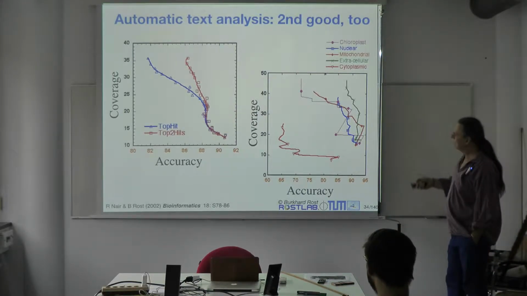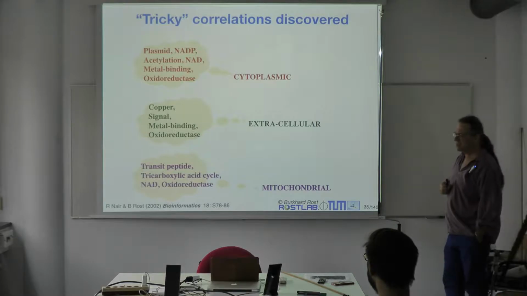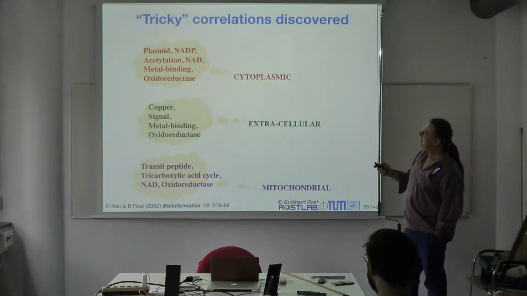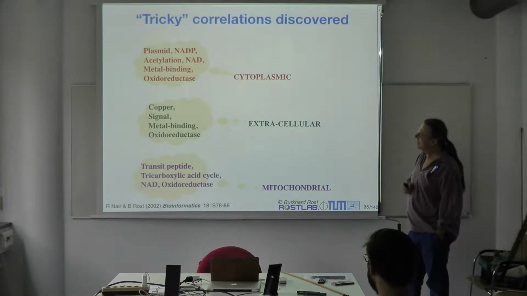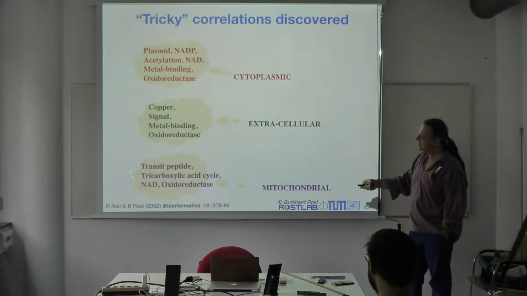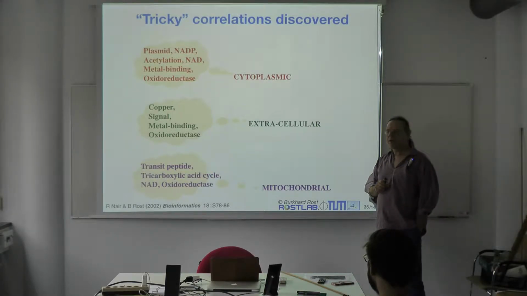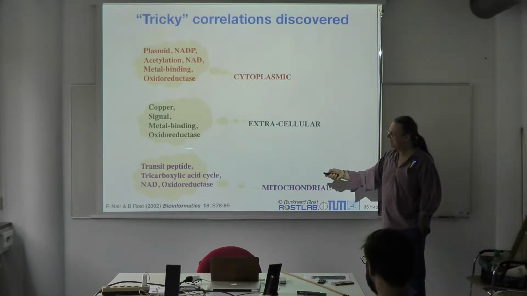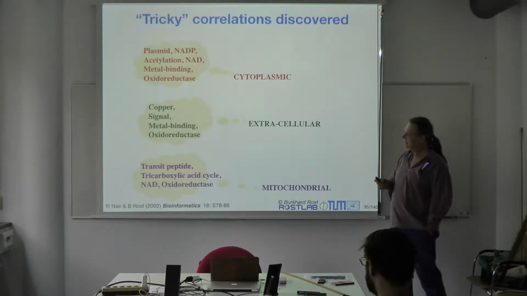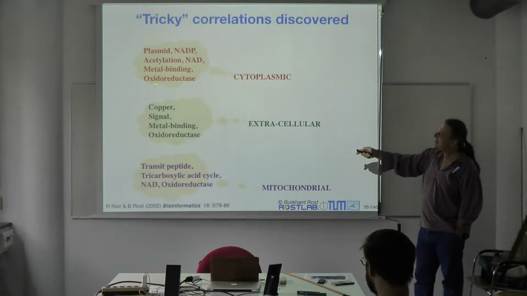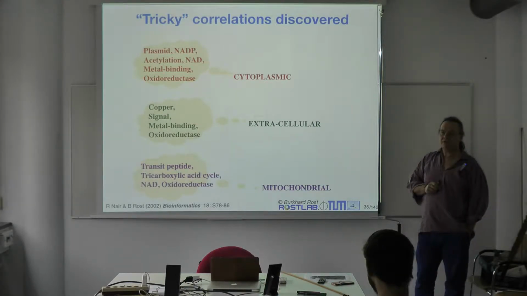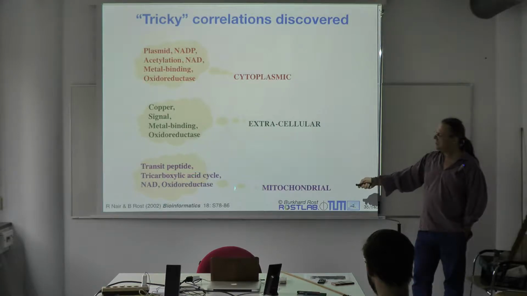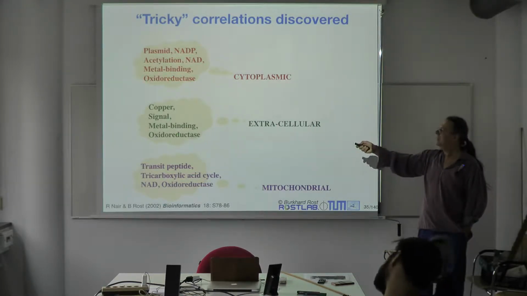There's a slightly different level for different ones, but the method can in fact find tricky relations that experts looking at these keywords may not have recognized. This one is a little bit easy, but here you see the oxidoreductase. Oxidoreductase alone is absolutely not enough.